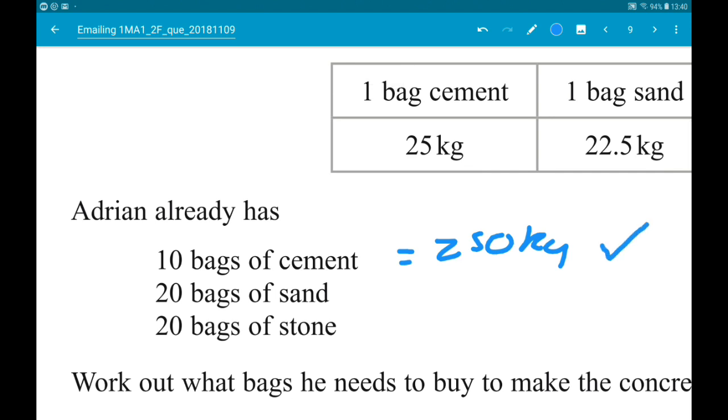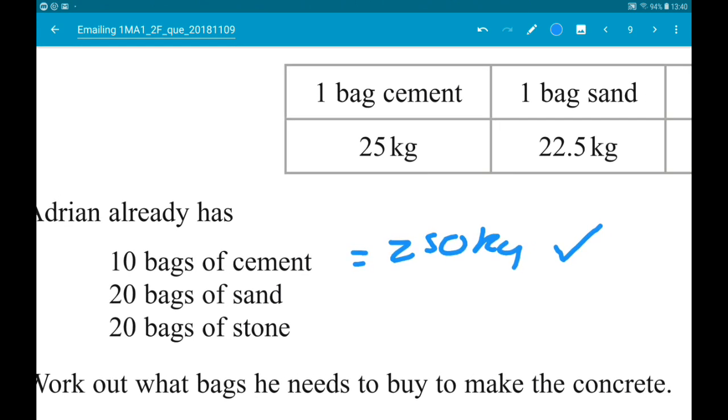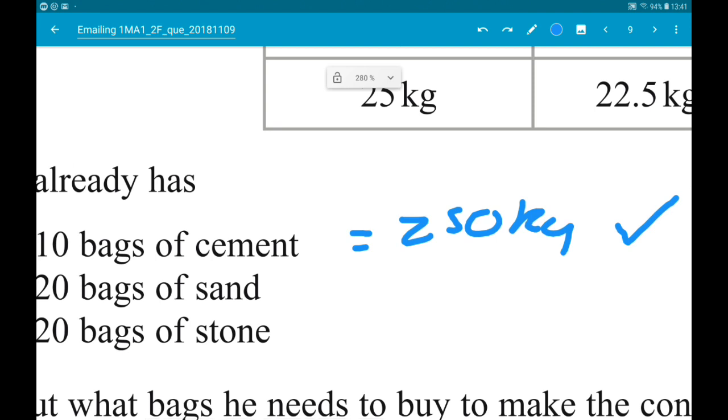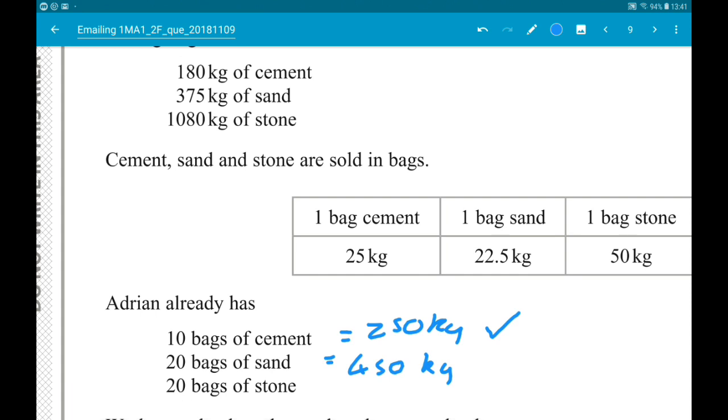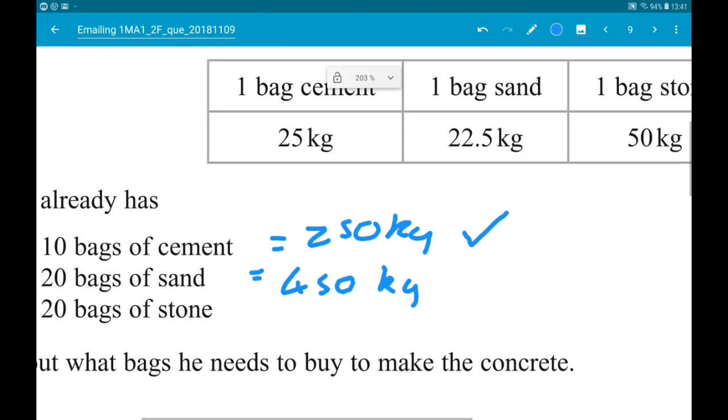He has 20 bags of sand, so 20 times 22.5 is 450 kilograms. Now, for the sand, he needed 375 kilograms, so he has enough sand.